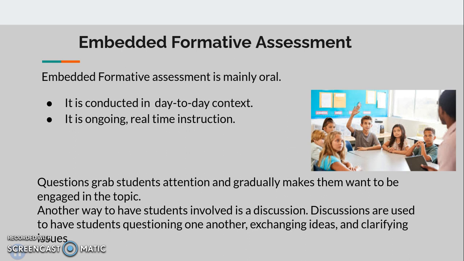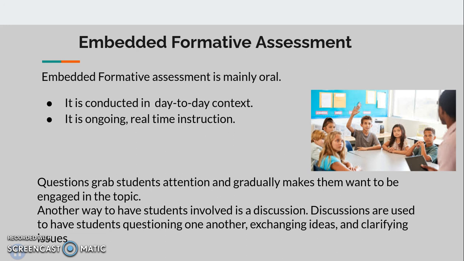Embedded formative assessment. This is mainly oral. It is conducted in a day-to-day context. It is ongoing, real-time instruction. So this is also in class. Questions grab students' attention and gradually make them want to be engaged in the topic.